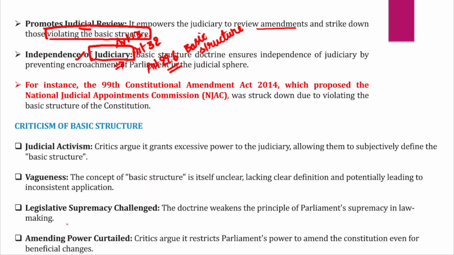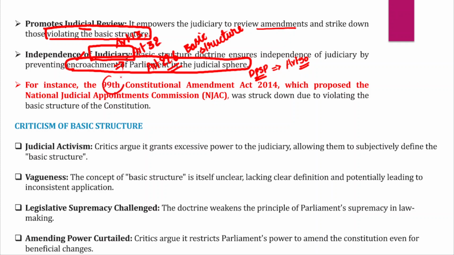And in fact, it very often prevents the encroachment of the parliament into the judicial space as well. And in fact, the directive principles of state policy, particularly Article 50 of the Indian Constitution, talks about the separation of judiciary from the executive as well.